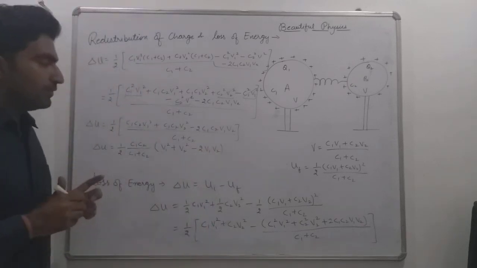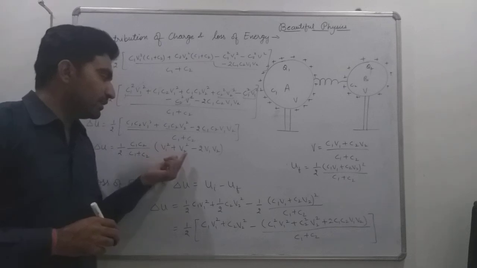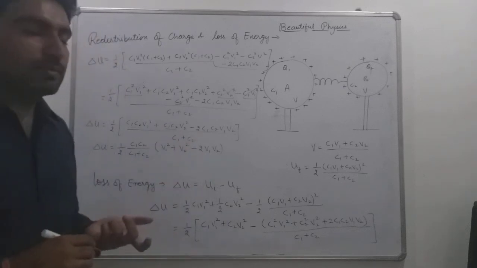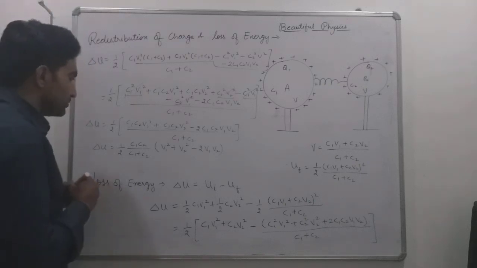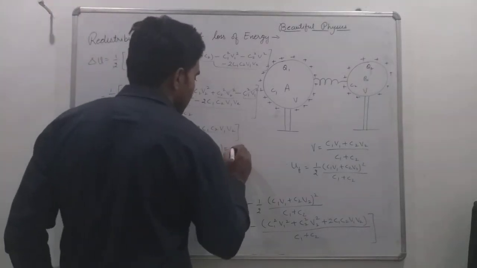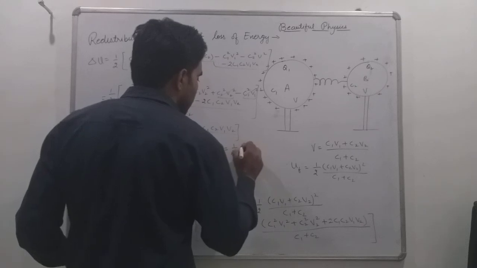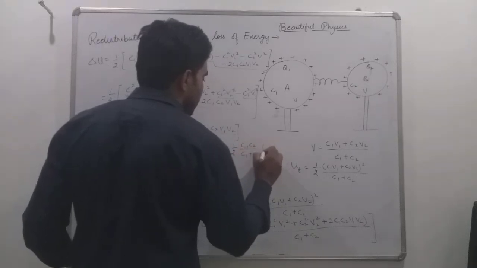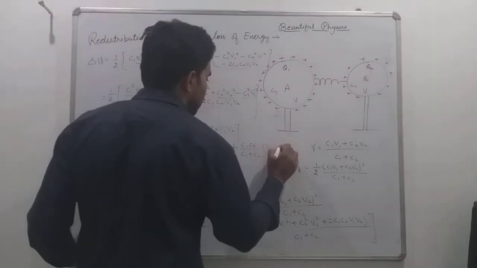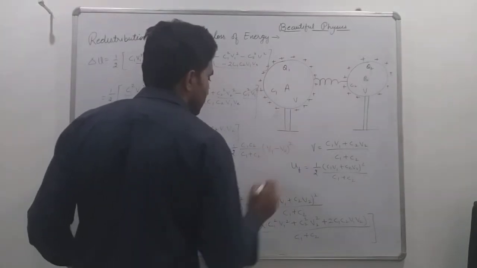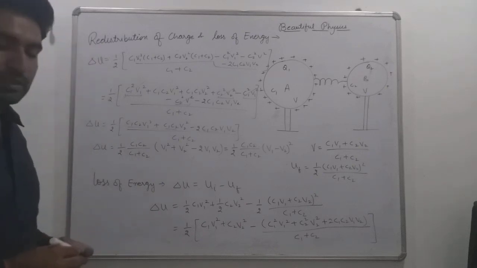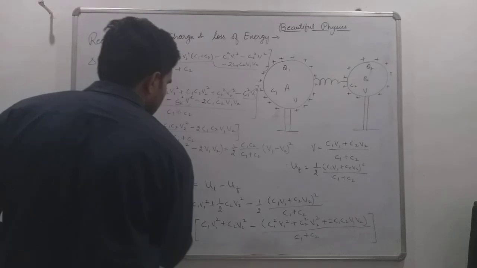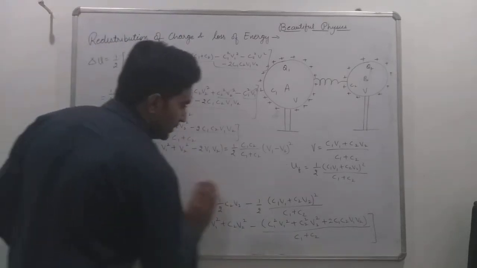Okay, here we can use the formula a square plus b square minus 2ab, which is equal to (a minus b) whole square. So it will be equal to 1 by 2 times C1 C2 by C1 plus C2 into (V1 minus V2) whole square. So this is the loss of energy during redistribution of charge.